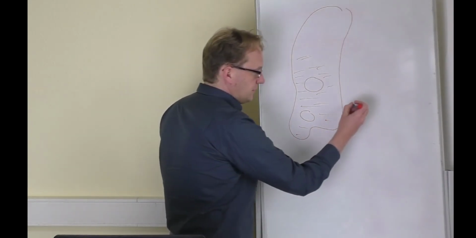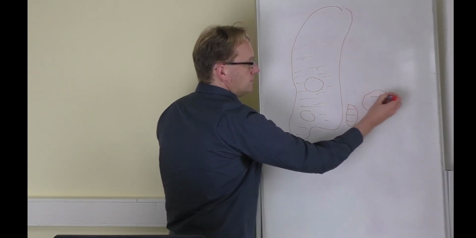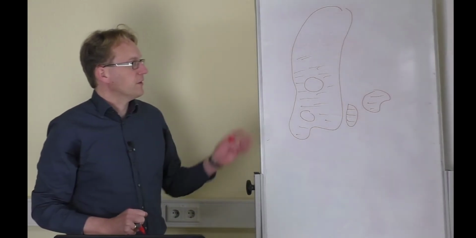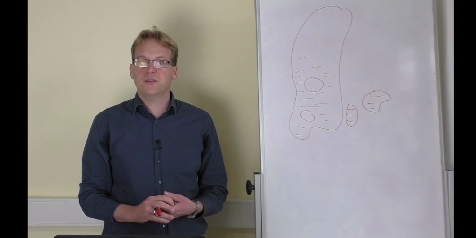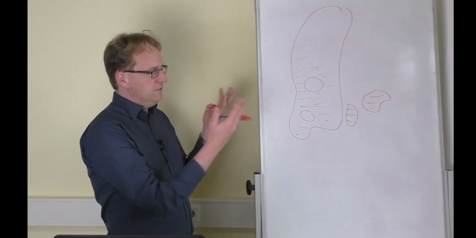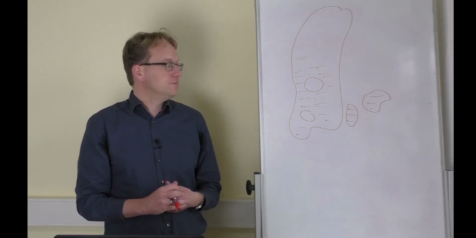And then, of course, Sweden also contains islands, like this. So now we have not just a single polygon, but if you want to represent everything as one object, you need one multi-polygon.